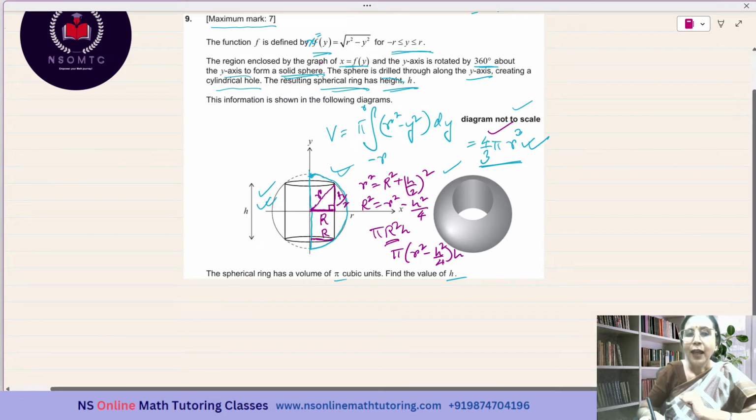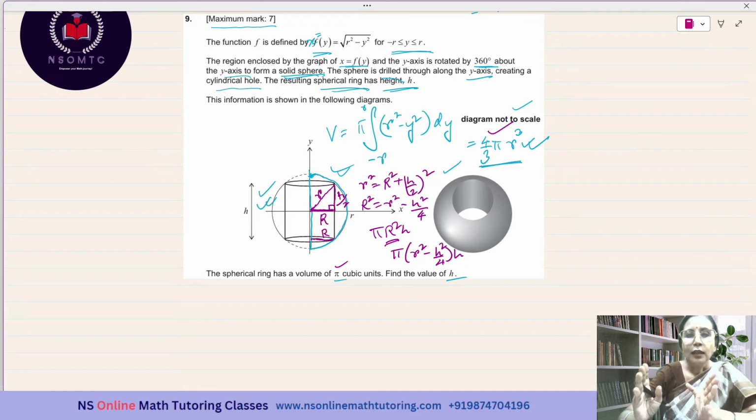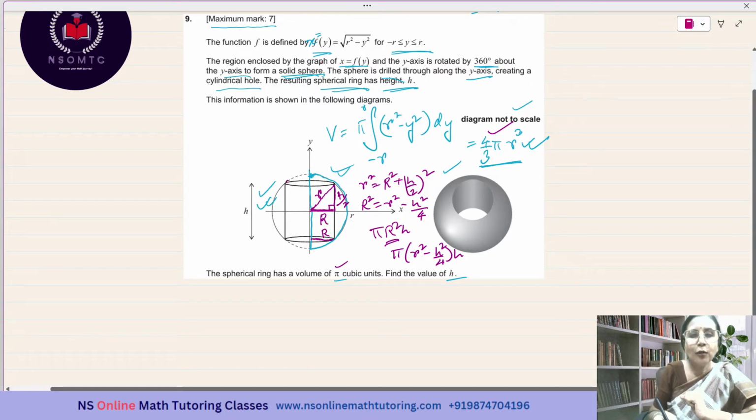So this is the volume of the cylinder which students subtract from the volume of the sphere, and they equate that difference to pi cubic units and try to find the value of h, which is wrong. If you are taking the sphere, it includes this portion as well, and this lower portion as well.